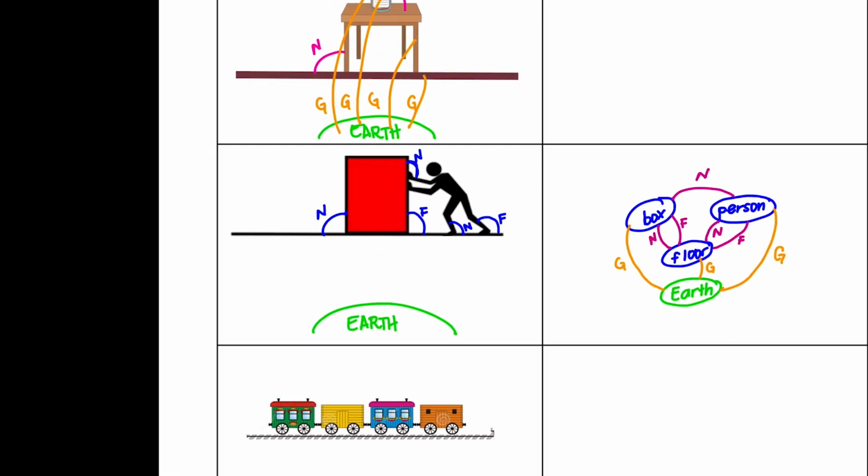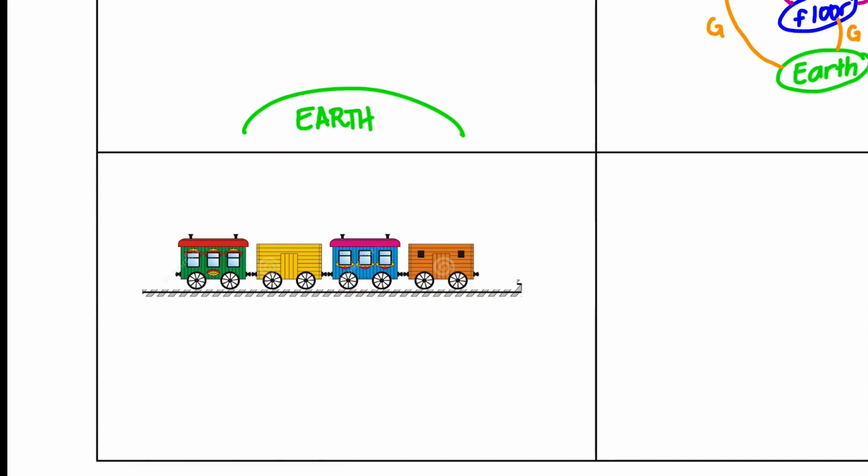Let's look at the trains. All right, so we're going to draw the earth. Okay. We see that the train is moving on the tracks. So each of these box cars will have a normal force with the track, right? So each one will have a normal force with the track.